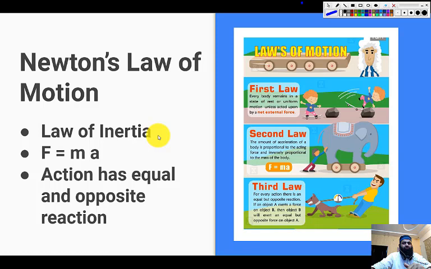Okay, so what is the first law of Newton? That every body remains in a state of rest or uniform motion unless acted upon by an external force. This is the essence of Newtonian mechanics. First of all, we have what is called the state.